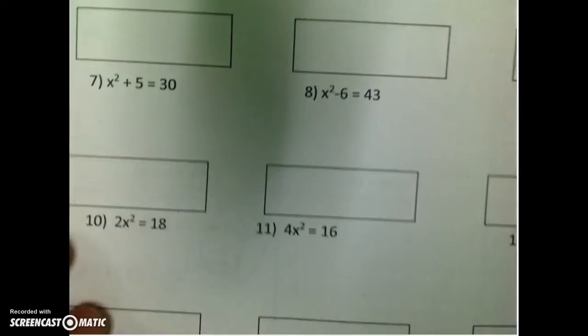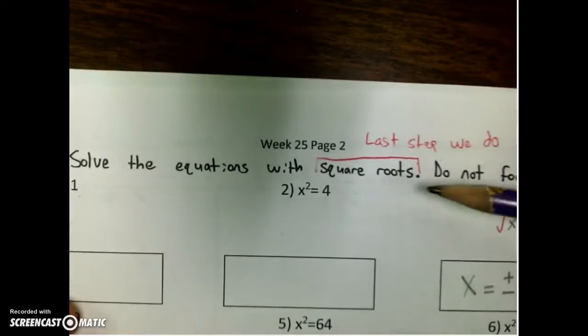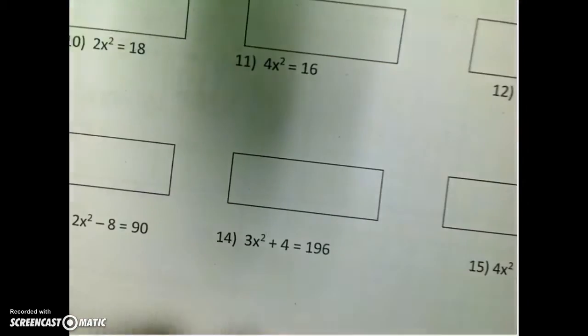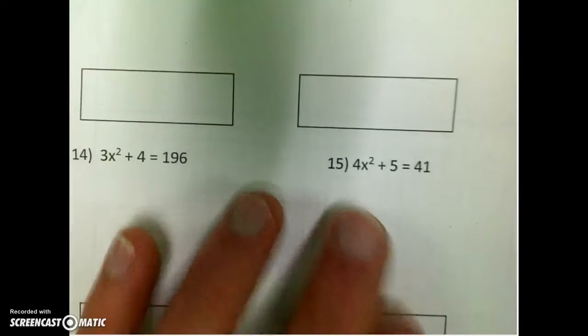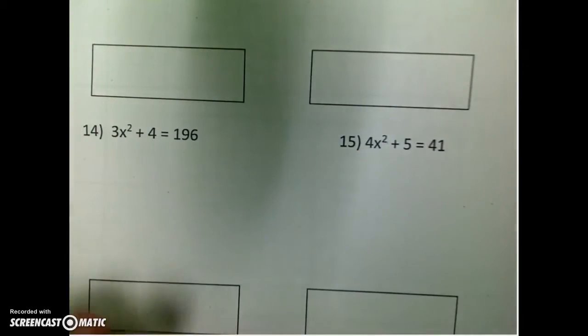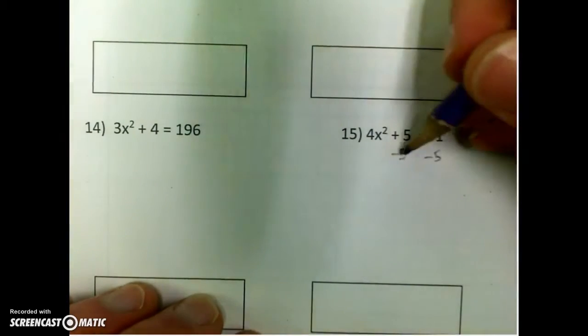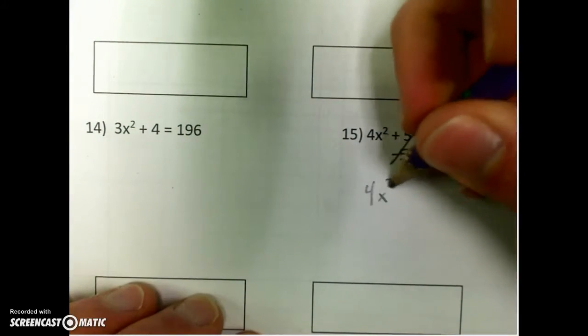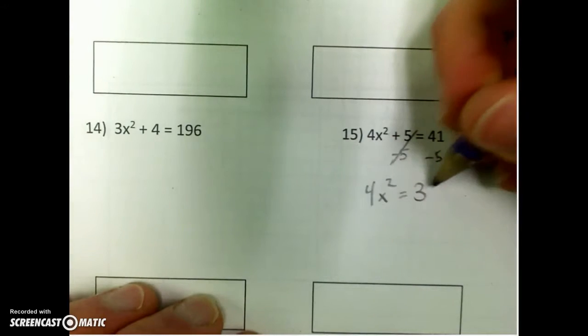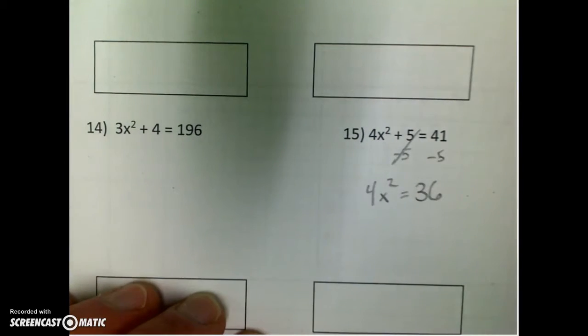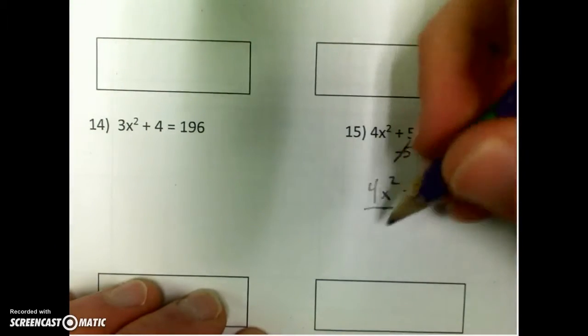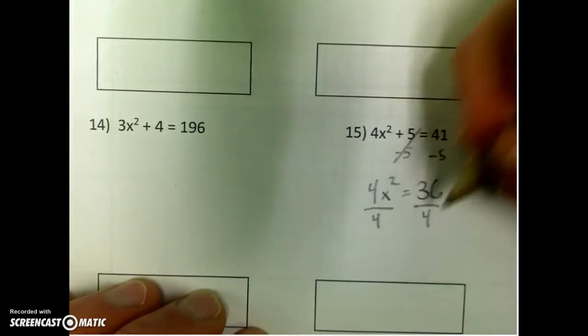So as you're moving on to the different types, remember that taking the square root is the last step we do, right? So maybe we're looking at one like 15 down here. It's essentially a two-step equation. So let's subtract 5, subtract a 5. We get a 4x squared is equal to a 36. I can't take the square root of both sides yet. We're going to wait. We're going to do that last. I'm going to divide both sides by 4.